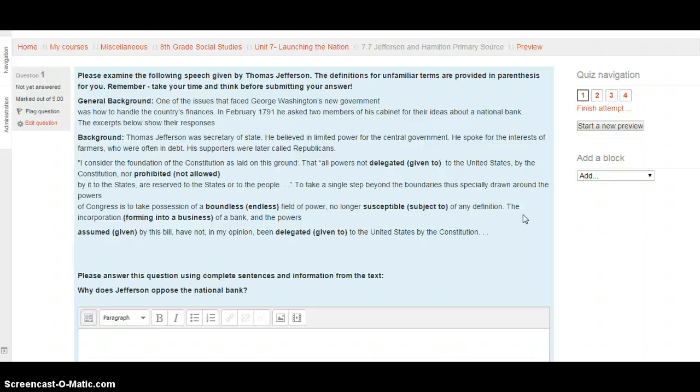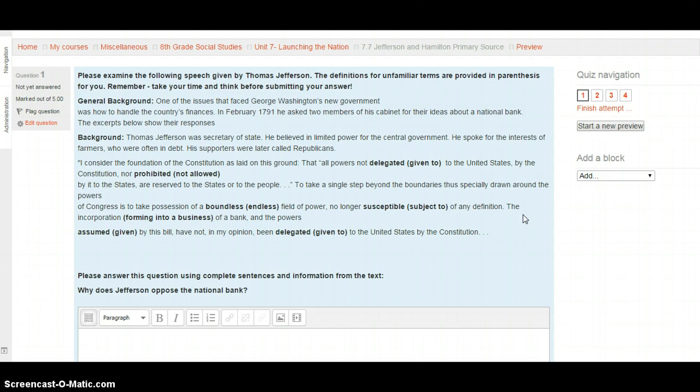I consider the foundation of the Constitution as laid on this ground, that all powers not delegated, given to, the United States by the Constitution, nor prohibited, not allowed, by it to the states, are reserved to the states or to the people.